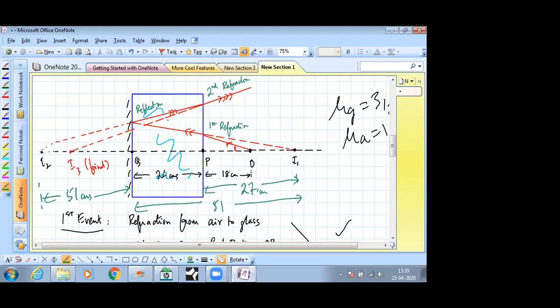It's like you have the rays inside glass. They are coming from here. So they are coming from a depth of how much? 24 plus 51. They bend away from the normal going into air, so that gives you an image over here. So this I3P is your apparent depth, and I2P is your real depth. The refraction is happening from glass to air, so use the formula of refraction from glass to air, the apparent depth, real depth formula.